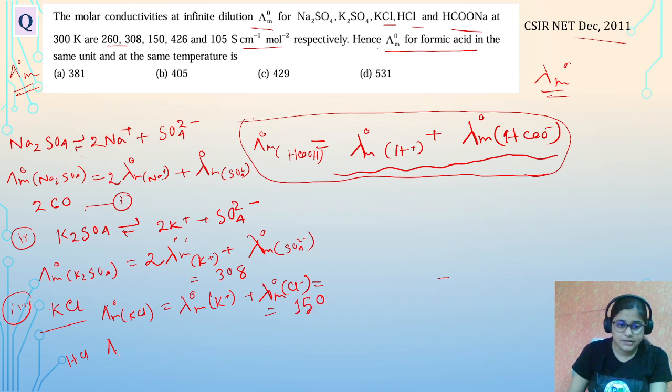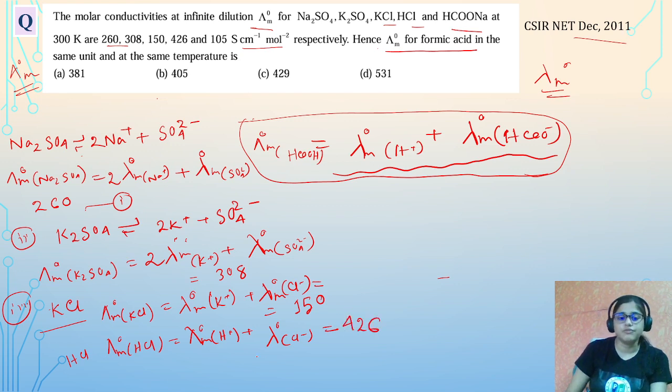Now for HCl, delta M0 of HCl equals lambda M0 of H plus plus lambda M0 of Cl minus, which is equal to 426.